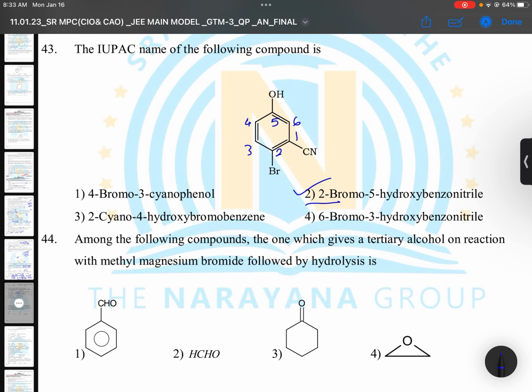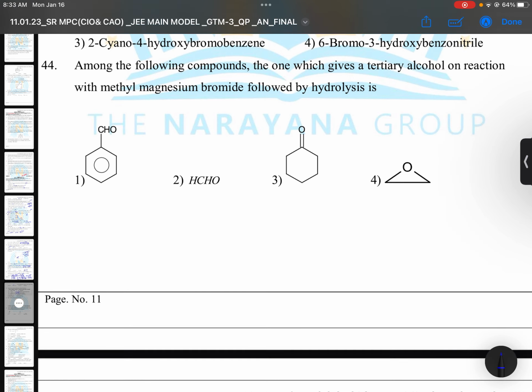For these kind of questions, you should not take much time. 10 seconds. Ketones with Grignard reagent will give you tertiary alcohol. Direct question. Easy bit.